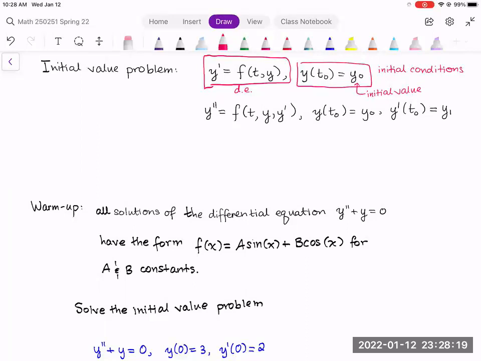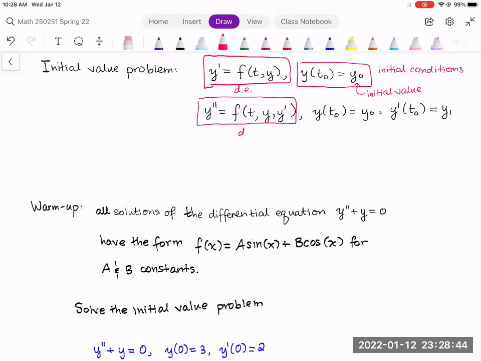If we're looking at a second order differential equation, so here this says the second derivative of y is some function that depends on time, on the function y and its derivative. So this is expressing the second derivative in terms of the original function, its derivative, and the independent variable.